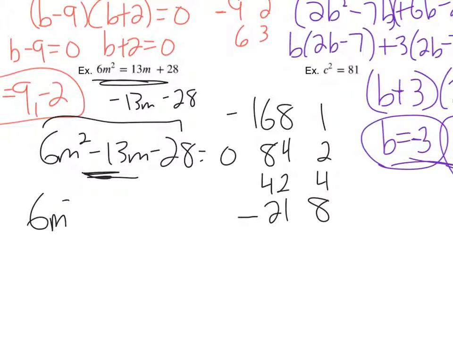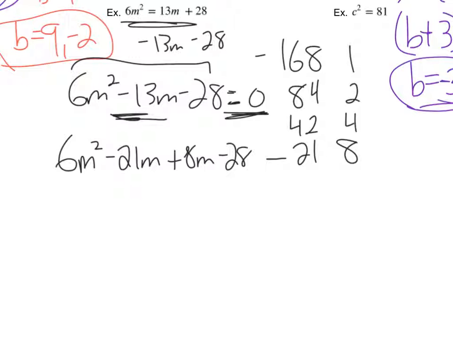So I go 6m squared minus 21m plus 8m minus 28. I'm not going to forget about the equals 0, but I'm just going to leave that out for the time being just so I can finish factoring. It's still there. I'll bring it back in at the end. So 6m squared minus 21m, I can pull out a 3m.